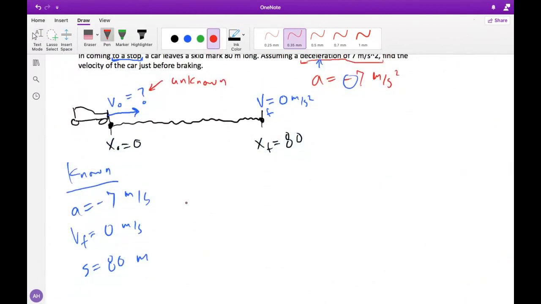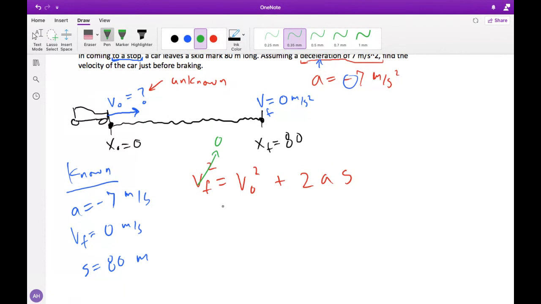So let's see, writing out that equation, the final velocity squared equals the initial velocity squared plus 2 a times the displacement. We're trying to solve for the initial velocity, and we know the final velocity here is 0.